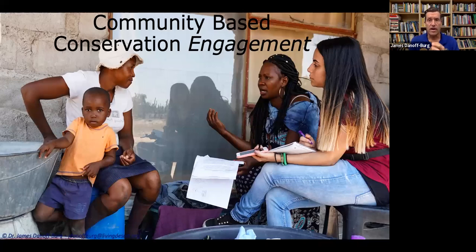This is in South Africa, actually, with a research project that I was doing to better understand the impacts of the Black Mambas' all-women's anti-poaching unit that works in that area, that probably many of you know of, and trying to see if people in the community, like this woman and her family, have changed their perception of conservation and wildlife as a consequence of interactions with the Black Mambas who live in those communities as well.